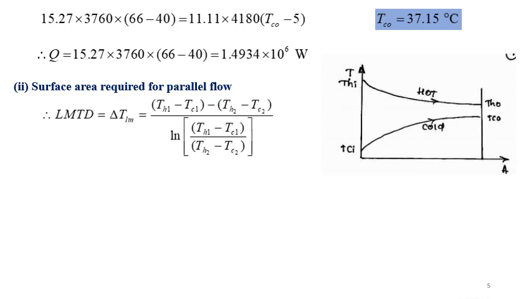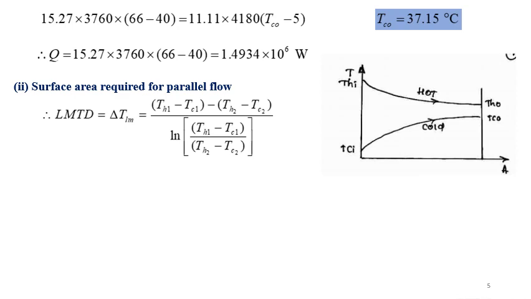So therefore LMTD is equal to (Th1 minus Tc1, or Thi minus Tci, where 1 refers to inlet and 2 refers to outlet), Thi minus Tci minus (Th naught minus Tc naught, or Th2 minus Tc2), divided by natural logarithm ln of (Th1 minus Tc1) divided by (Th2 minus Tc2).